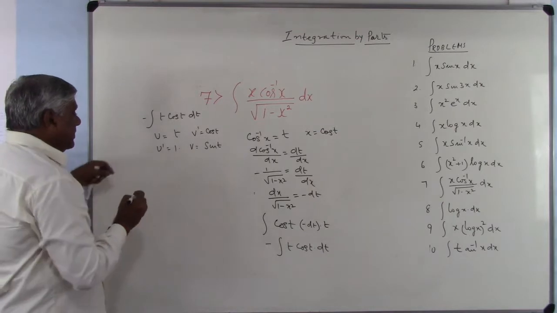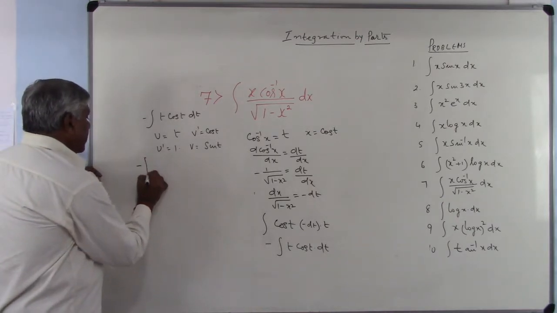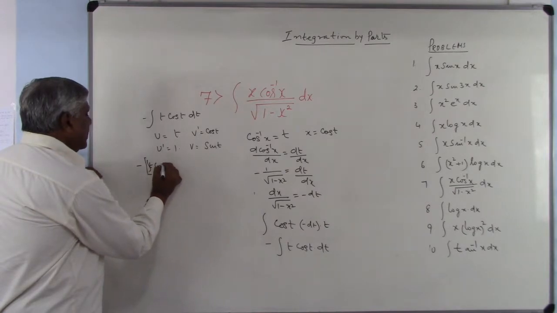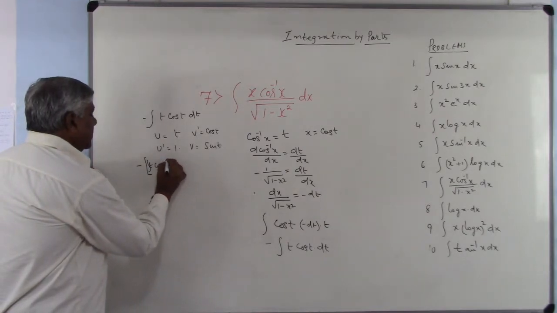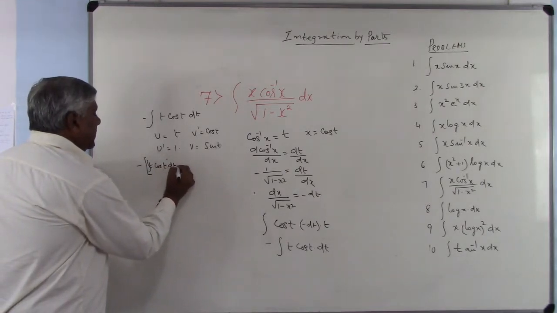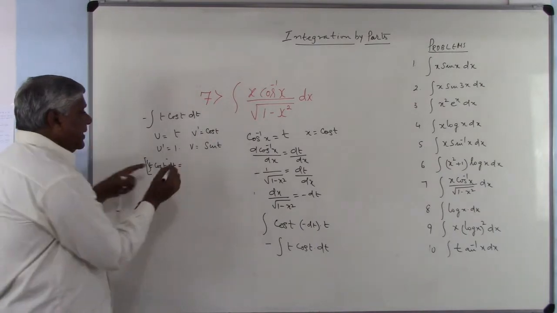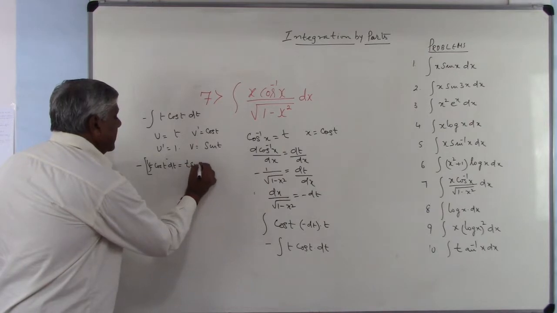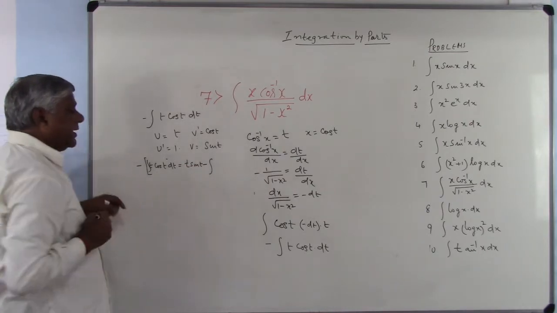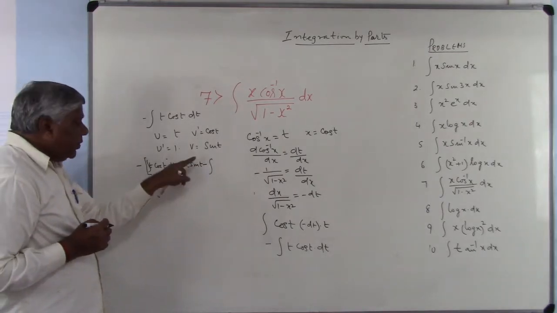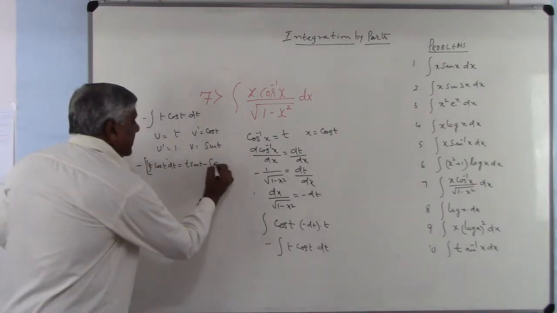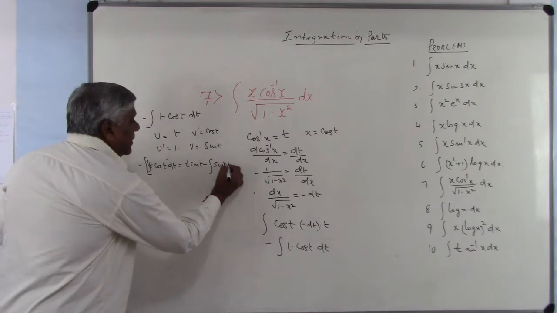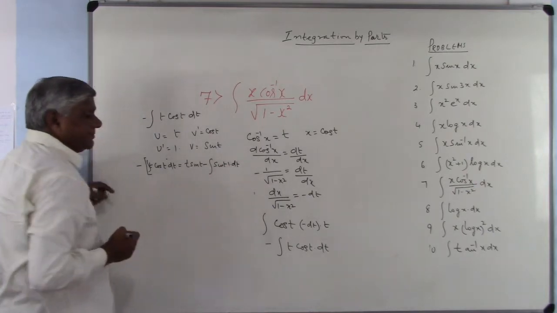Therefore, now we will see the problem. Integral t cos t dt is equal to uv, t sin t, minus integral v u dash, v is sin t, u dash is 1, into dt.